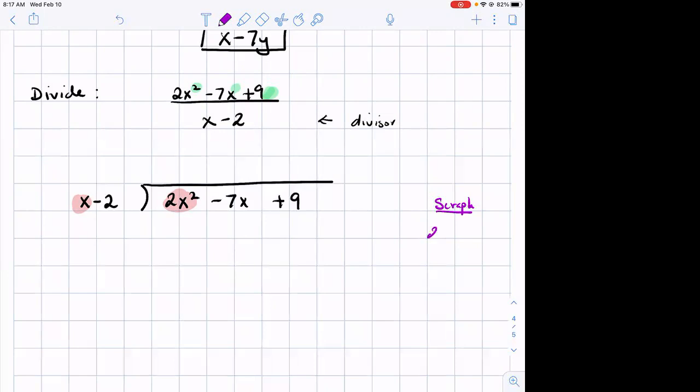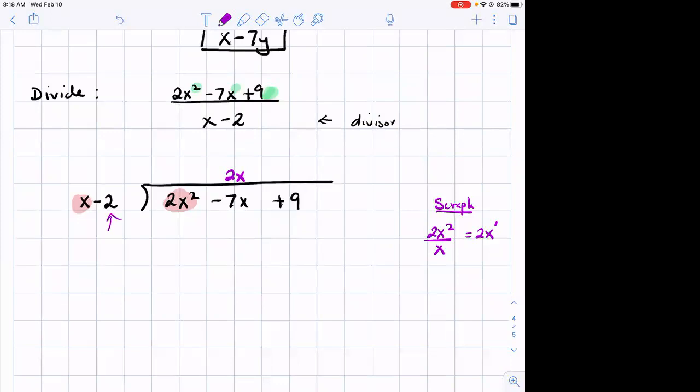What is 2x squared divided by x? If you do that, this becomes 2x. Now notice it's 2x to the first power, so I will write that above my like term, which is the minus 7x, because that has the first power.